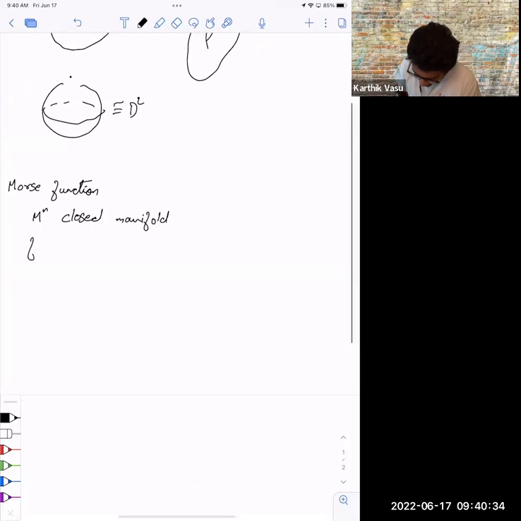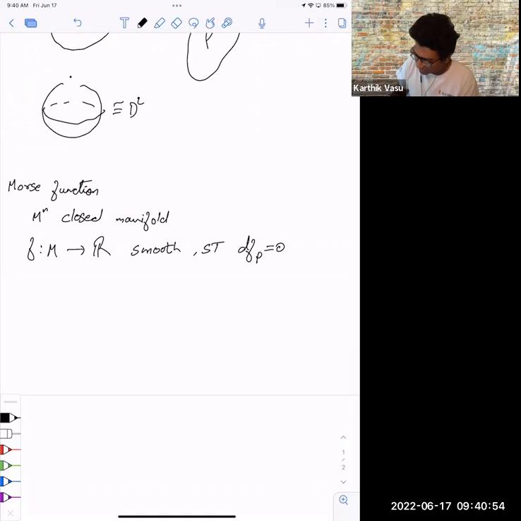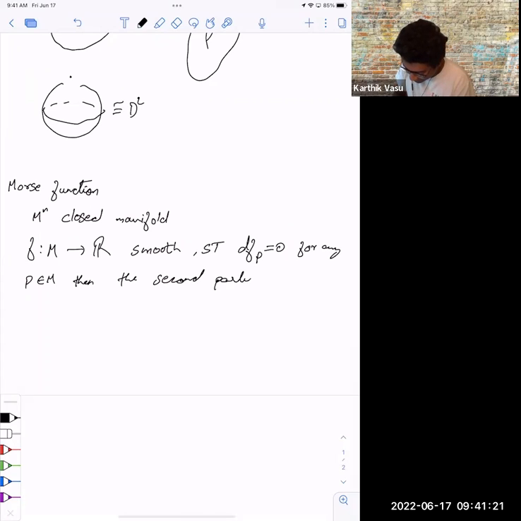And so a Morse function will be a function from the manifold to the real numbers such that, okay, this has to be smooth, such that if the derivative is 0 at any point P on the manifold, then the second partials of this function near P will form an invertible matrix.